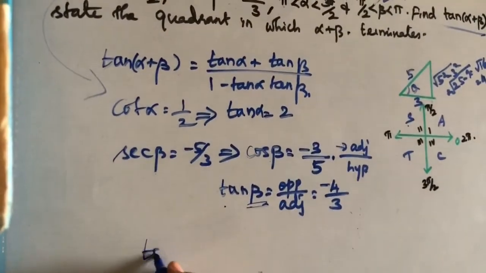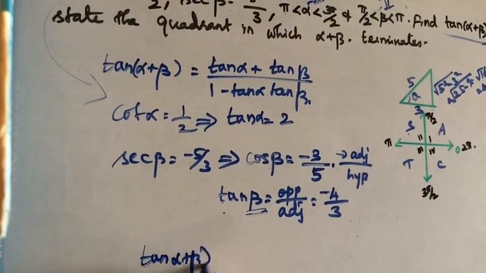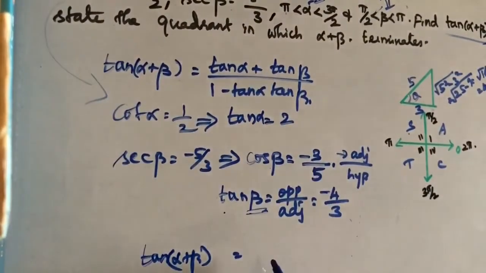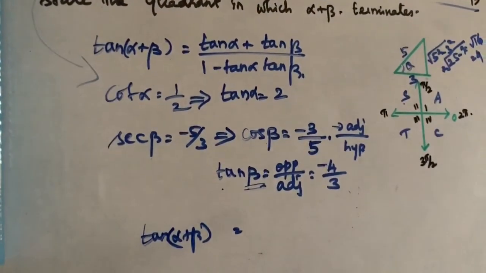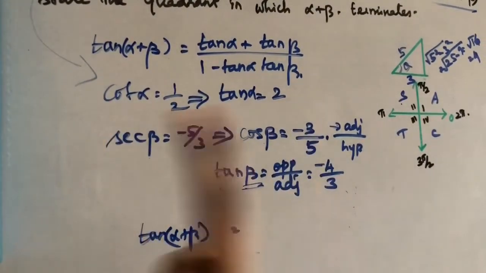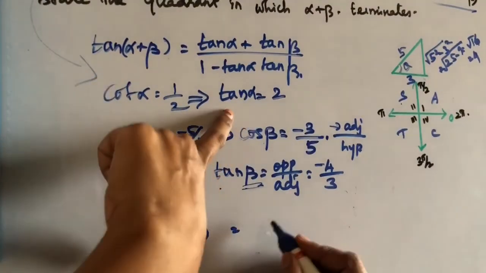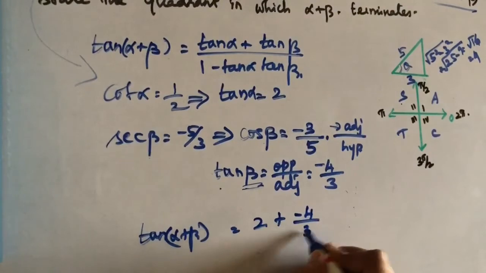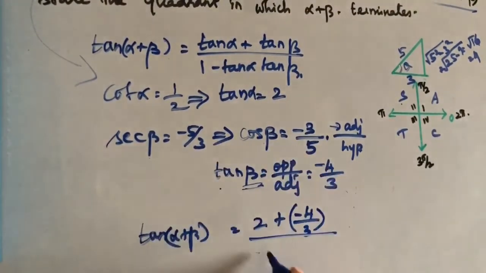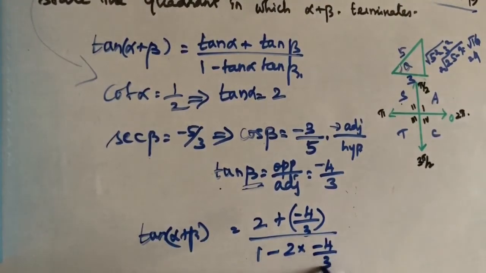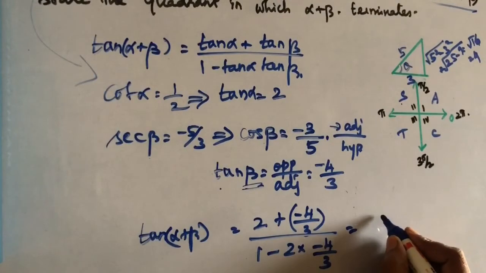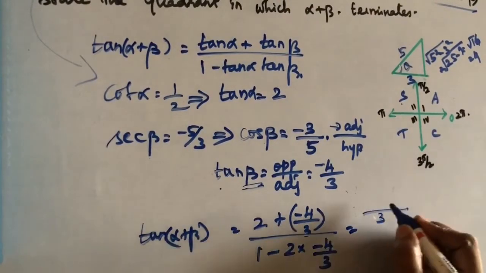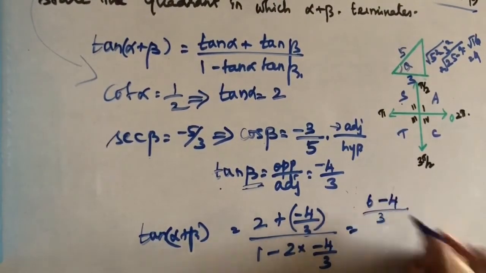Now we can find tan(alpha plus beta) is equal to tan alpha. What is tan alpha? Tan alpha is 2 plus tan beta, which is minus 4 by 3, divided by 1 minus 2 into minus 4 by 3. Here we can take 3 as LCM. So in the numerator, 6 minus 4.